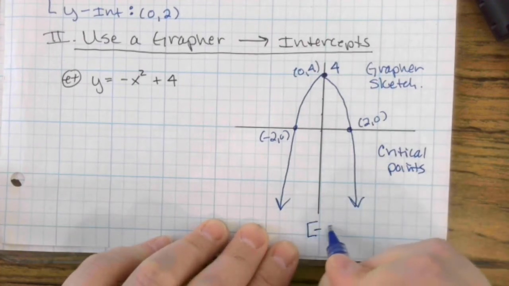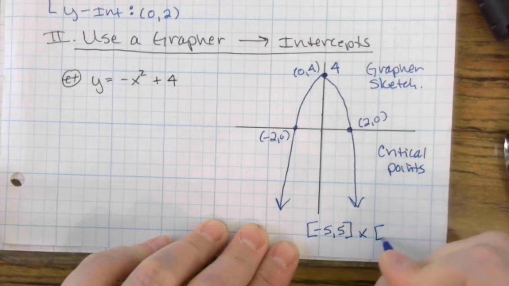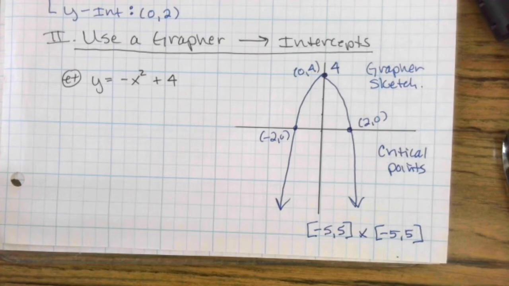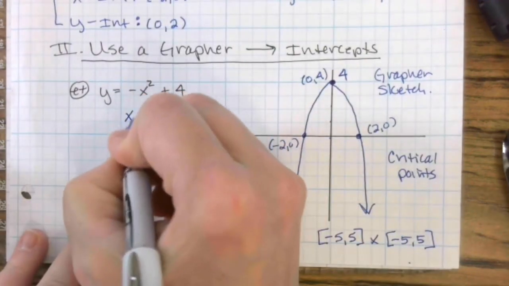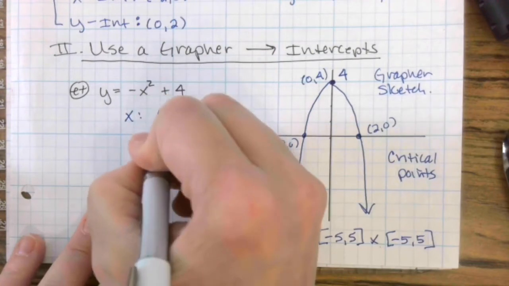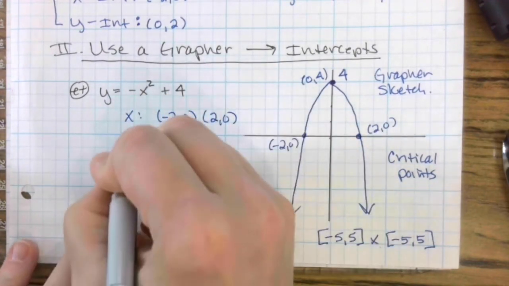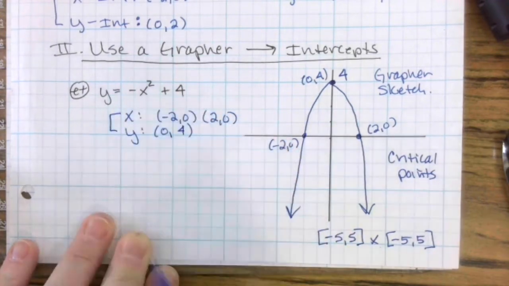The X window was -5 to 5 by the Y window was -5 to 5. And that's all the information you need for graph or sketch. You don't really need any other information. So the intercepts of this function, the x-intercepts were here and here, -2, 0, and 2, 0. The y-intercept was at 0, 4.